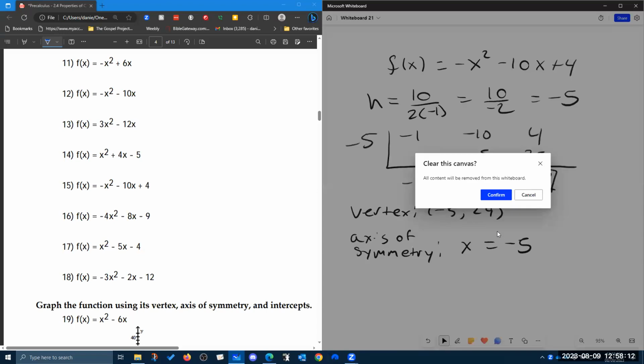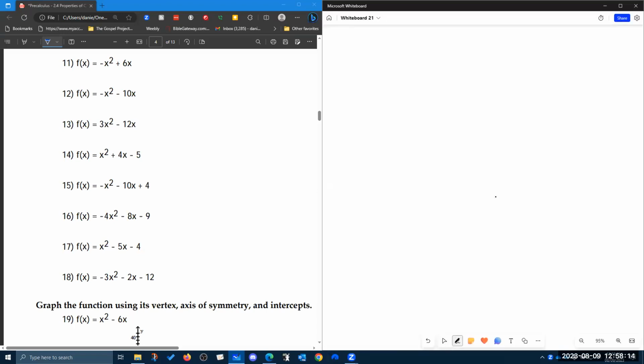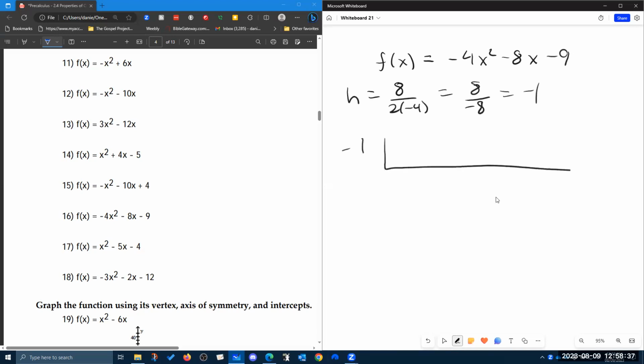Moving on to number 16. Our x coordinate is going to be negative b over 2a. Our y coordinate we're going to calculate using synthetic division.